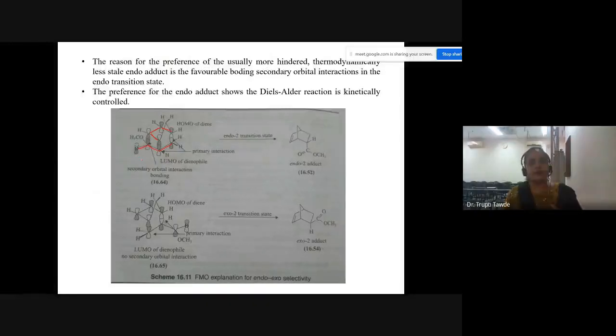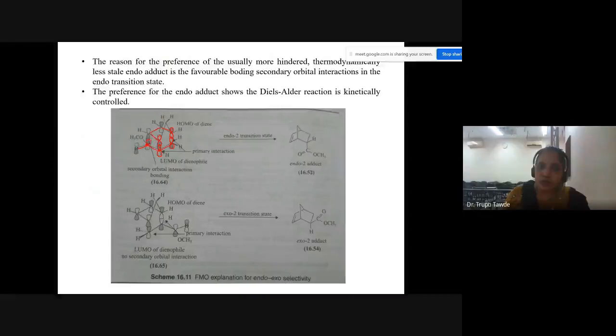So when this particular interaction is there between the dine and the dinophile, see this is your primary interaction which is expected. तुम्हारे ये जो dine के terminal orbitals है, they are going to interact with the orbitals of the dinophile. Apart from that, if you see here, ये तुम्हारा कार्बोनिल ग्रुप है, ये तुम्हारा C double bond O है.